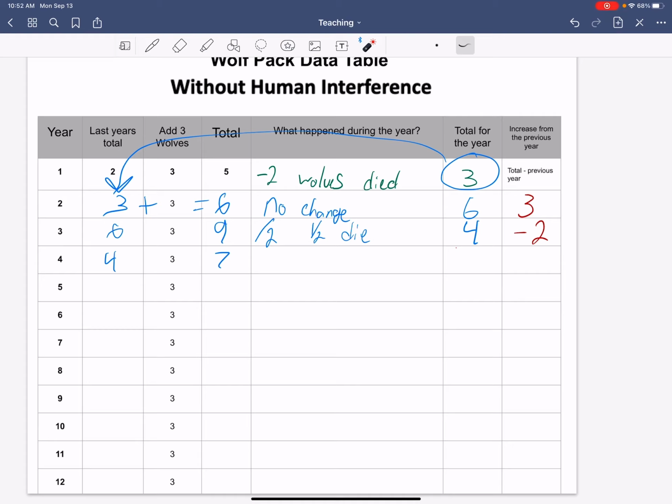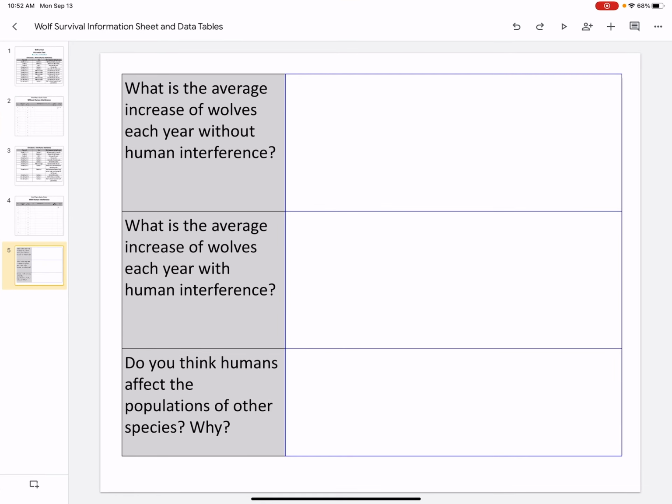I add all those numbers together, and then I divide by 11 to get my average, because I am only going to fill out this column 11 times. See, 1, 2, 3, 4, 5, 6, 7, 8, 9, 10, and 11. So I fill that out 11 times to actually get my average for this question here.